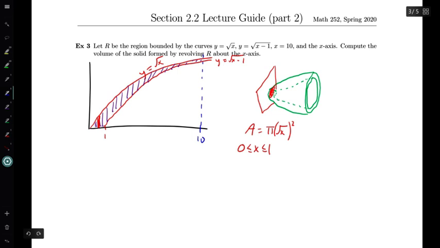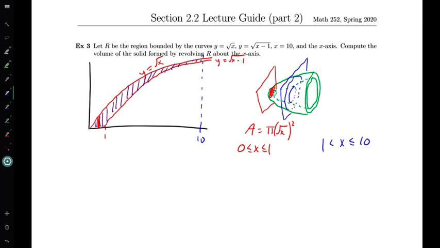But if I were to draw a different cross-section, maybe the cross-section formed by a plane to the right of x equals 1, so here I'm looking at 1 less than x less than or equal to 10, then the shape that I get is not a solid circle, but rather it is going to be kind of a hollow circle.